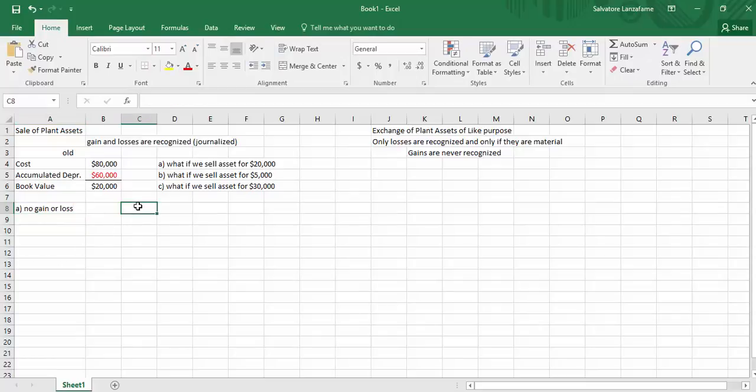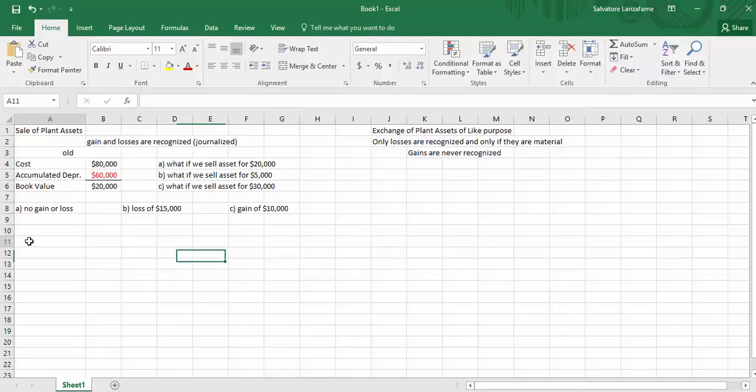In scenario B, our asset is worth 20 and we're only selling it for 5. So we have a loss of $15,000. Took a big hit on that one. And scenario C, our asset is worth 20, but we're selling it for 30. So that gives us a gain of $10,000. So as you can see, 3 different scenarios.